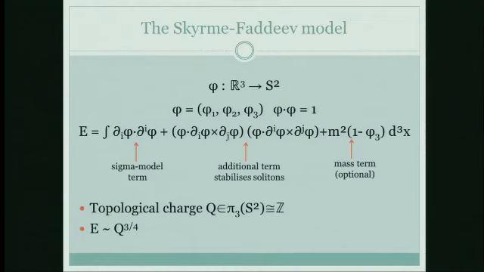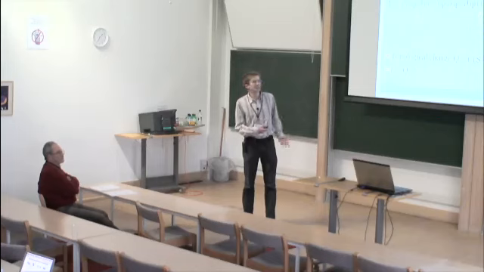And the fact that it's quartic in derivatives means that you can have stable solitons with non-zero energy in this model. The last term in the model, which I've said is optional, some people study its effect, but you can study the model without it depending on what you're trying to model, is this so-called mass term.